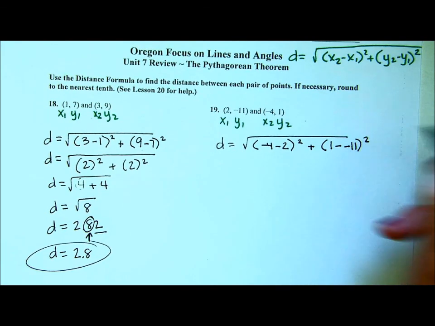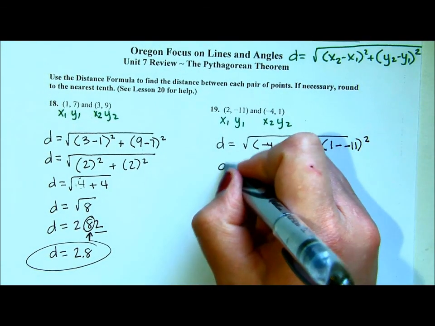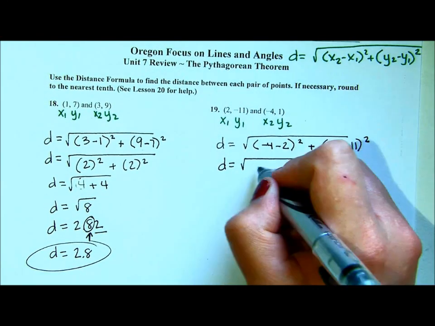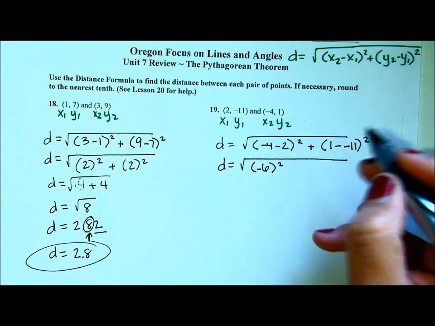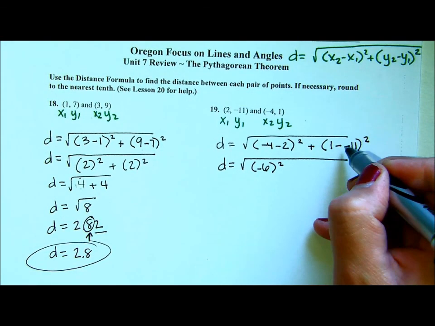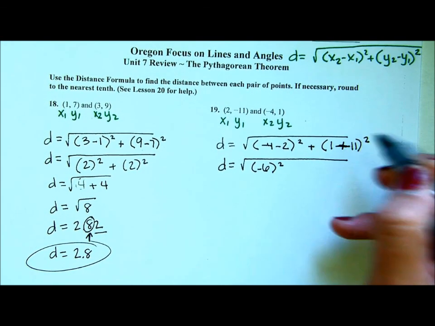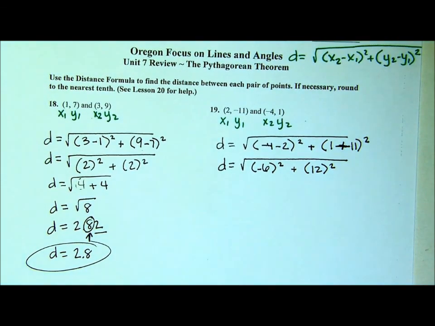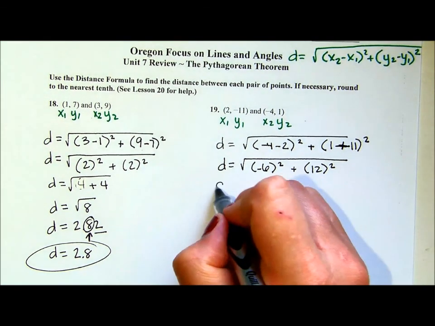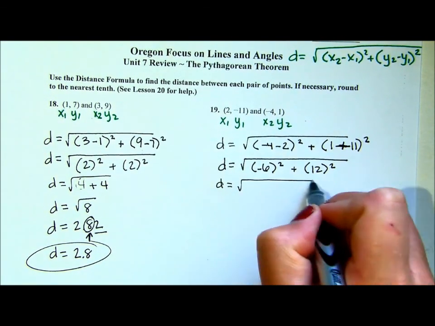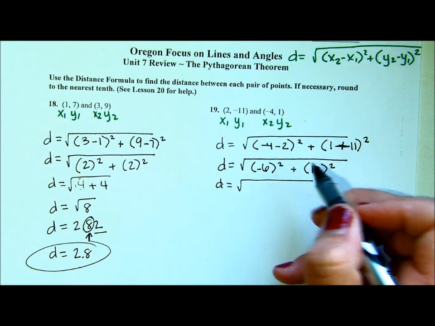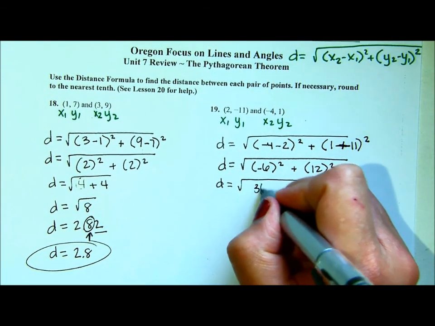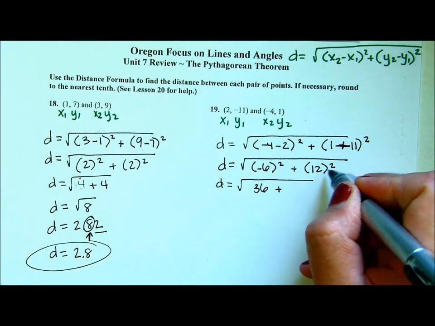Next, I get distance is equal to this big square root. Negative 4 minus 2 is negative 6. And I'm going to keep that in parentheses. And then 1 minus negative 11. That minus a negative is going to create a positive there. So I actually have 12 squared. Now, I have distance is equal to the square root of negative 6 in parentheses squared, which is negative 6 times negative 6, which happens to give me positive 36. And 12 squared, or 12 times 12, is 144.